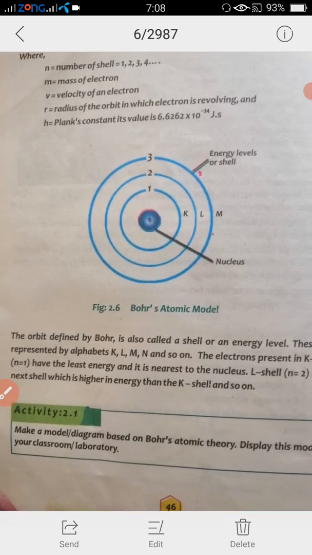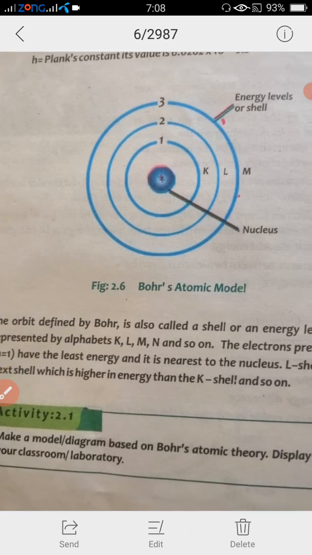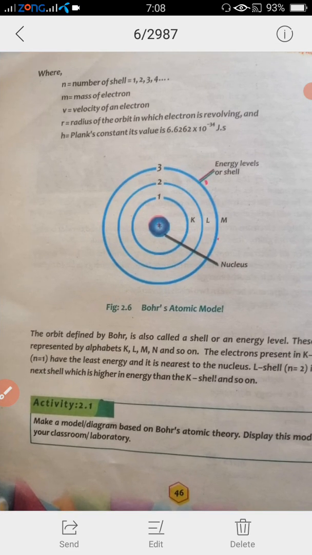The first orbit from the nucleus is known as K, the second orbit from the nucleus is L, and the third orbit from the nucleus is M. Electrons present in K shell will be n is equal to 1 and have the least energy, because nucleus has maximum hold on the nearest orbit.